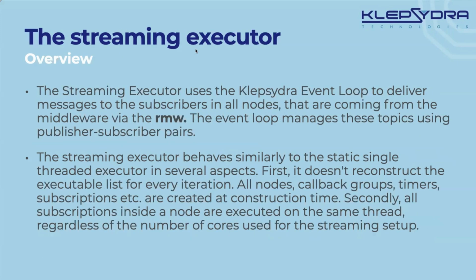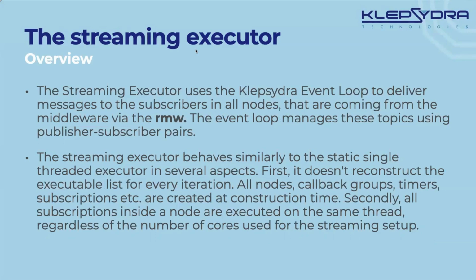Now, the streaming executor, which is our main novelty, is based on what is called the Klepsydra event loop that was presented earlier in this video by Guillermo. The concept that we follow in order to develop our executor is that the event loop will act as the actual message delivery mechanism.